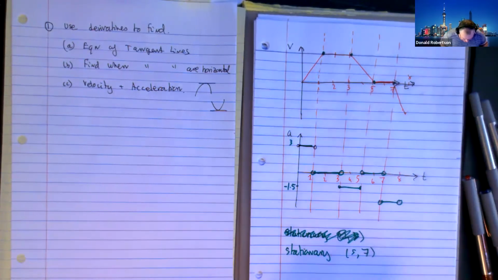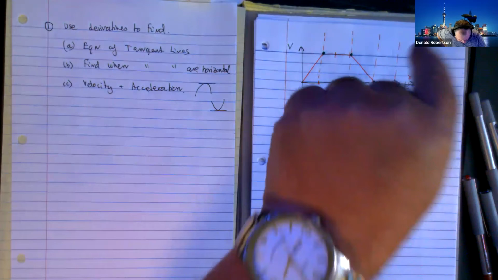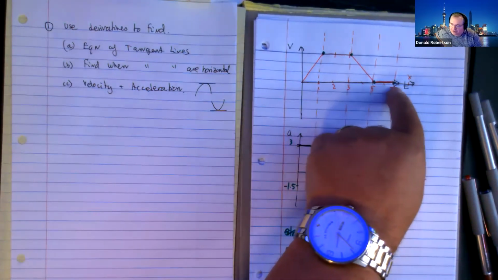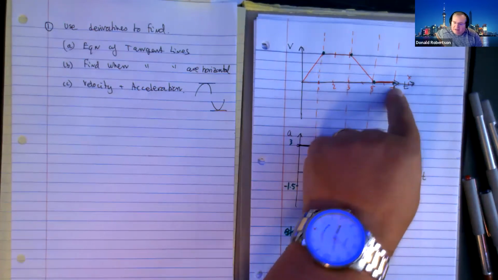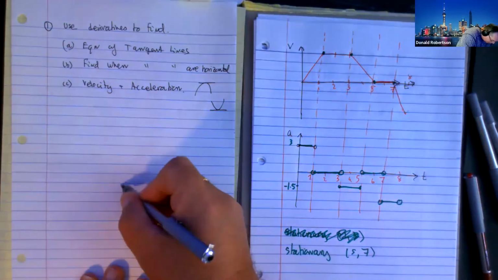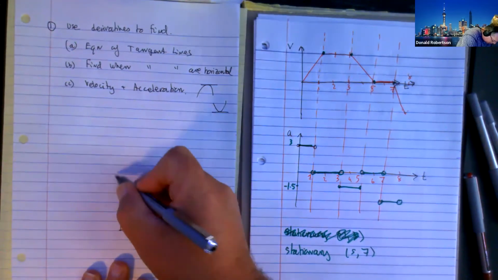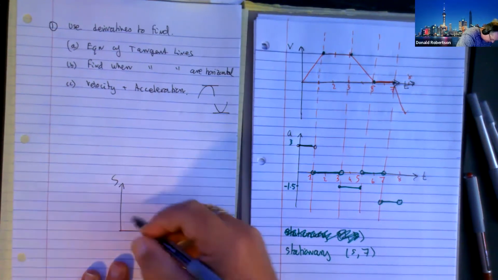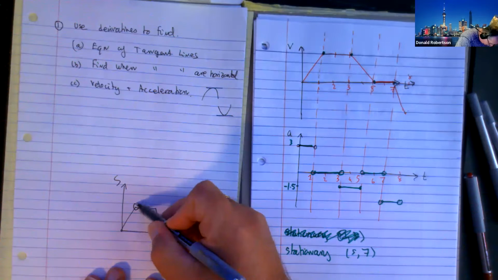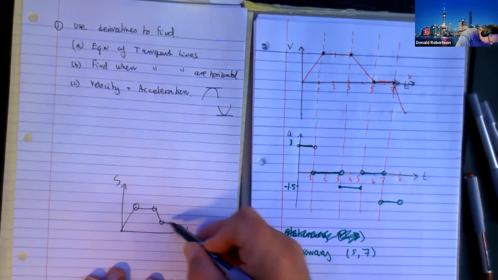Yes. Right. If you are looking at a velocity time graph, aren't you stationary when the velocity is 0? If you were looking at a position time graph, aren't you stationary when it's horizontal? So, to give you an example, if this was a position time graph and it went like this, wouldn't it be stationary from here to here and from here to here?